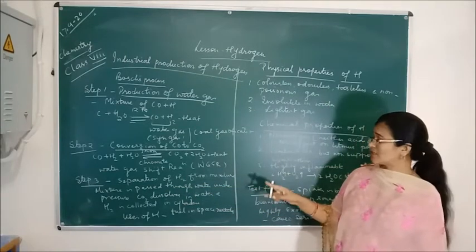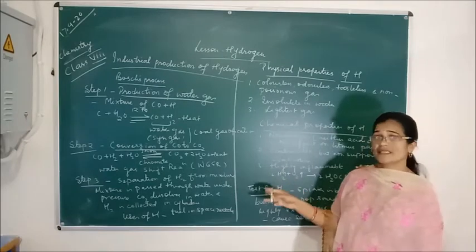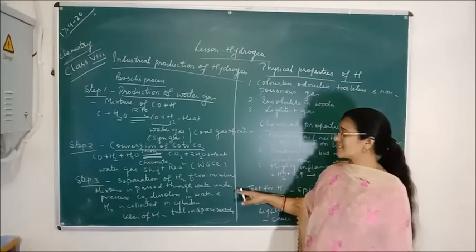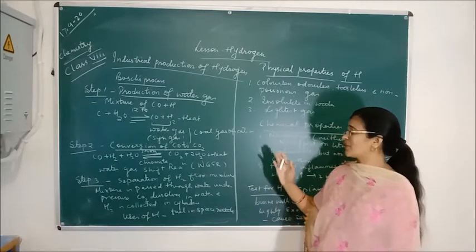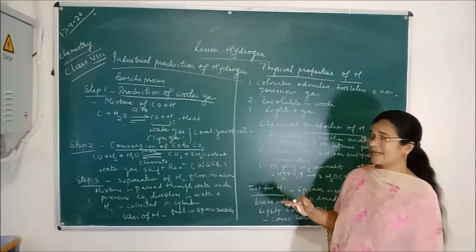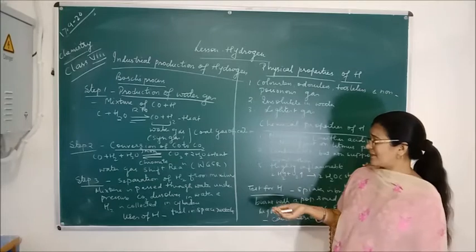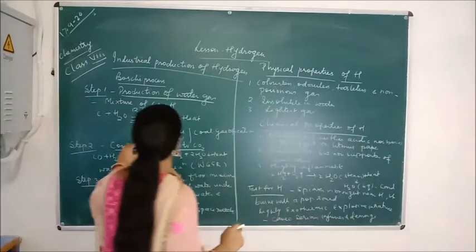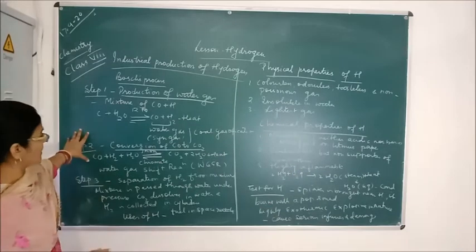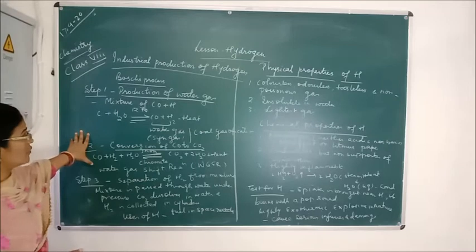The CO2 dissolves in water and hydrogen is collected in the cylinders. So this is the third step, and these are the 3 steps in which the Bosch process completes, and this is called the industrial preparation of hydrogen.